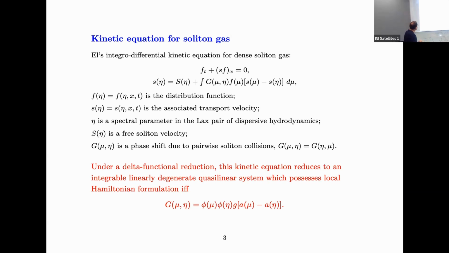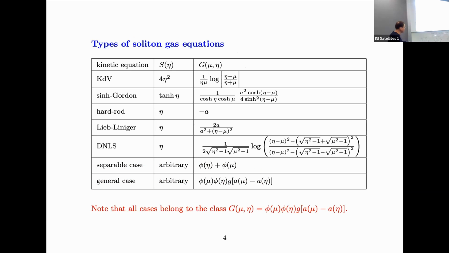There are different types of soliton gas depending on the choice of these two arbitrary functions. Let me show you classical examples. For instance, for the KdV soliton gas, S of eta is 4 eta squared, and G of mu, eta, the two-soliton phase shift, is this.